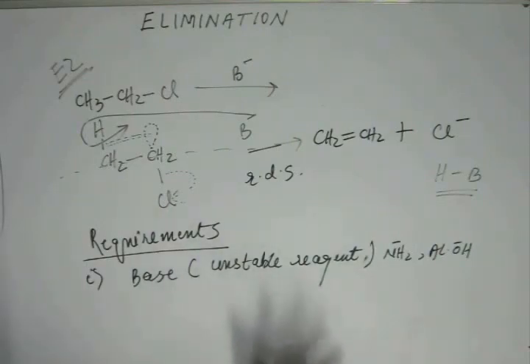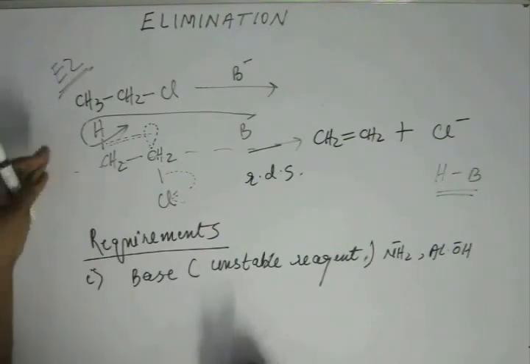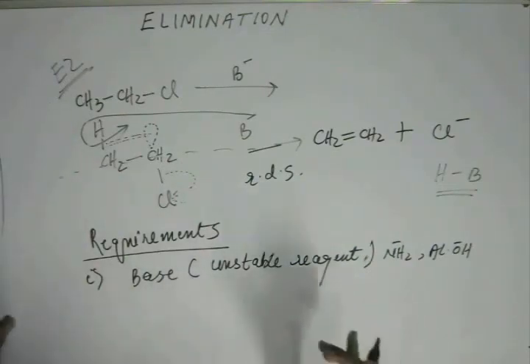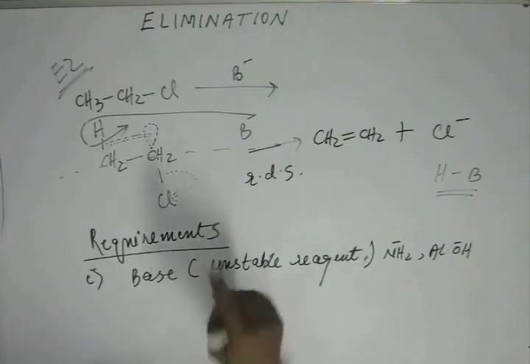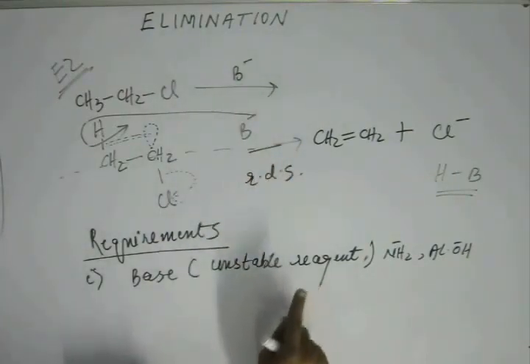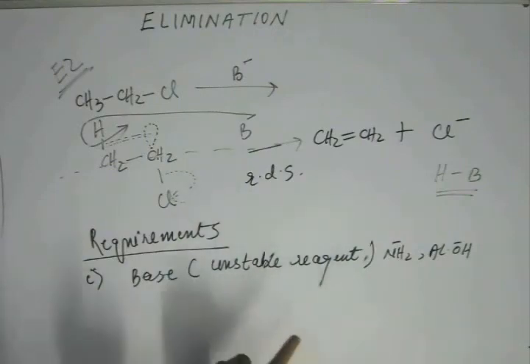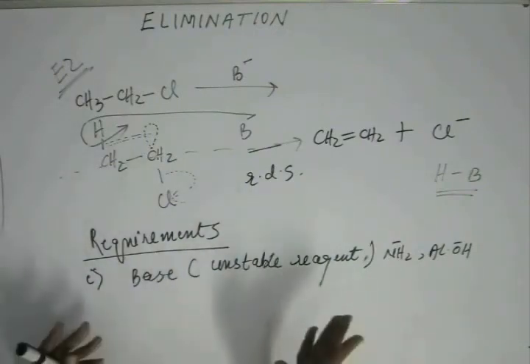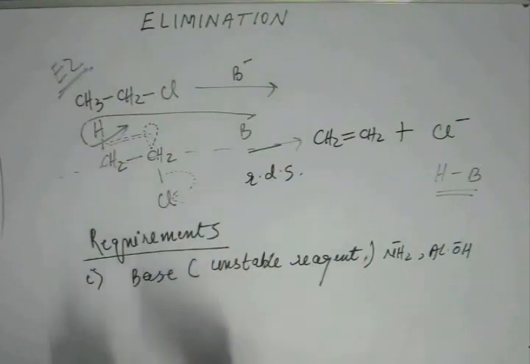A base is required for elimination to take place. So when I said initially that I have moderated the reaction condition, that would also mean that I have taken such a reagent that will preferably cause elimination rather than substitution. That is one of the moderations in the reaction condition, this reagent. I have taken such a reagent so that it is unstable, it wants the reaction to be completed fast, and it would act as a base.